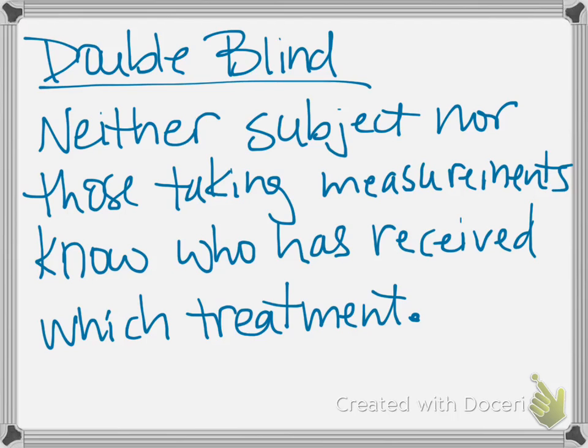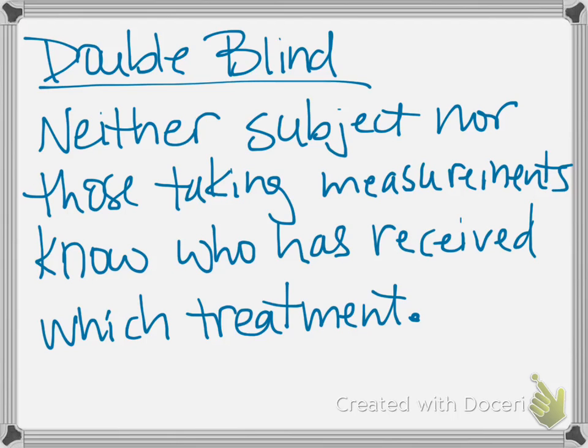And as you can probably see, this is actually a good method in your experimental design, because then there's absolutely no way that, intentionally or not, either the subject or the person taking the measurements could influence the results of the experiment. If no one knows which treatment each person got, then the data is not going to be skewed one way or the other.